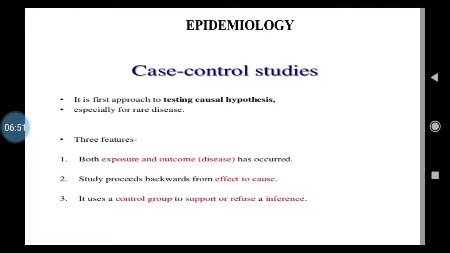Both the exposure and outcome have occurred. So there is a cause, and then because of the cause, whatever the disease is there also occurs, and that is found by this analytical study. Now this study also involves going backward from effect to cause.